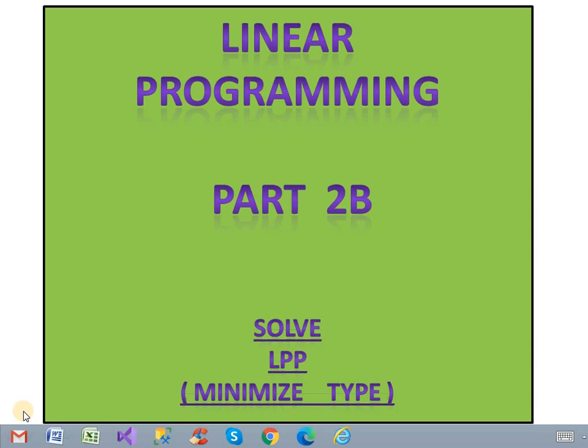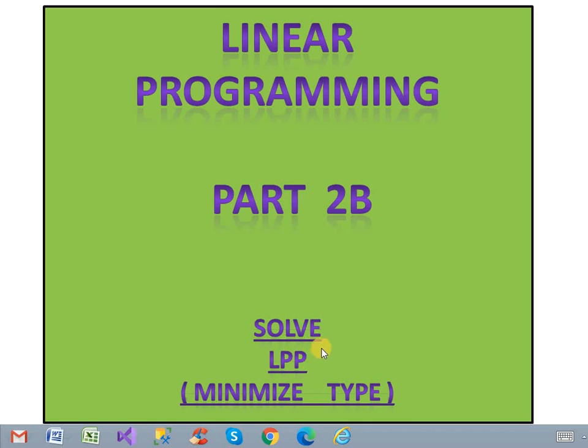Hello बच्चों, we are now studying part 2B of the chapter linear programming. So in this video 2B, we will study how to solve the linear programming problem when it is of minimized type.